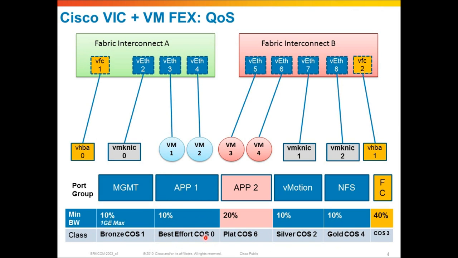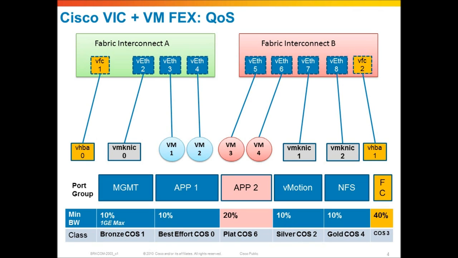So now, instead of assigning vNICs to QoS policies like we were in the previous slide, I'm assigning a port group to a QoS policy. So I've got application 1 here with a minimum bandwidth of 10%, application 2, a port group, minimum bandwidth of 20%, a port group here for vMotion, minimum bandwidth 10%, and so on and so forth.